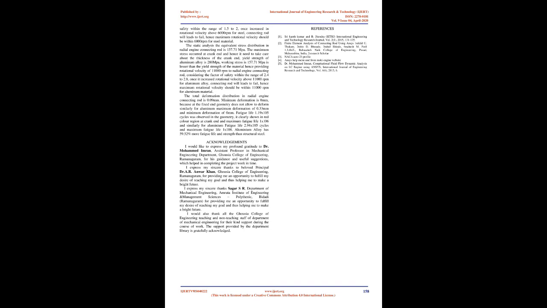A fatigue life of 1.19 x 10^5 cycles was observed in the geometry, clearly shown in the red color region at the crank end, and the maximum fatigue life is 1 x 10^6. Similarly for aluminum, the fatigue life is 2.94 x 10^5 cycles and the maximum fatigue life is 1 x 10^8. Aluminium alloy has 59.52% more fatigue life and strength than structural steel.